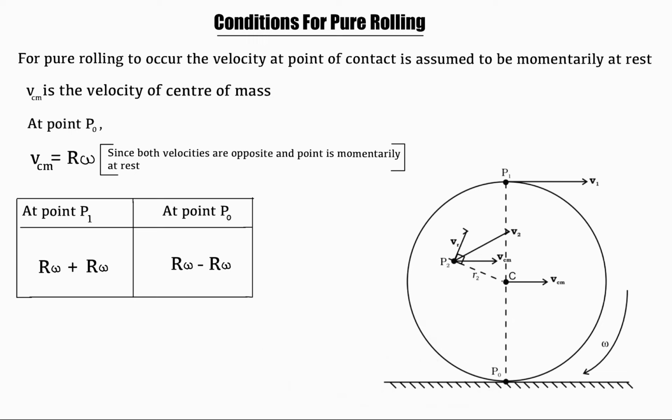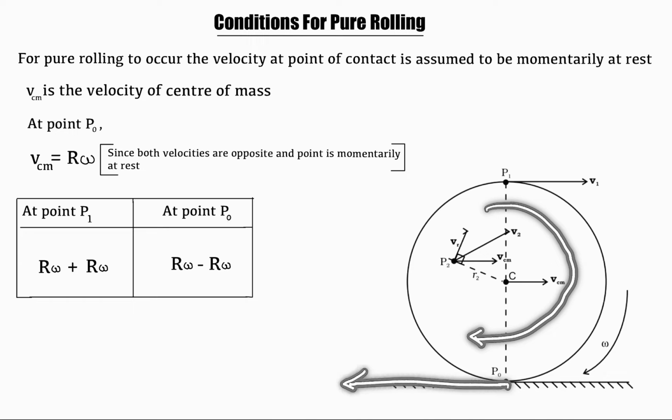As I said earlier, the particle will have both a rotational component of velocity and a translational component of velocity. When we take the rotational motion along this direction, at this point the velocity will be along the tangential direction, which will be backwards. And there will also be the translational motion towards the forward direction, which is vcm.